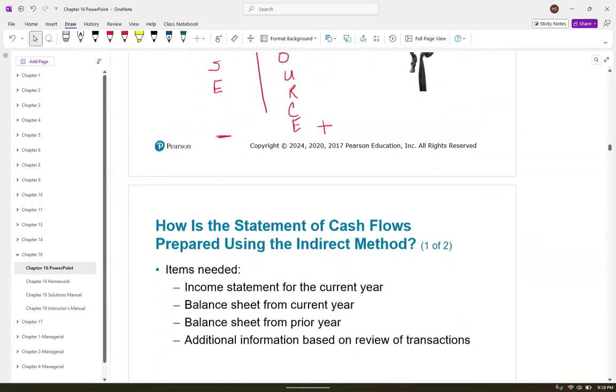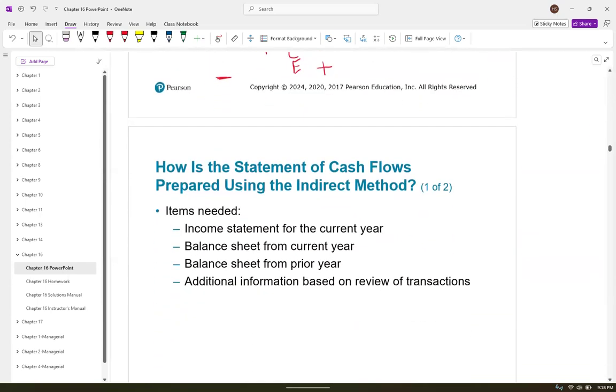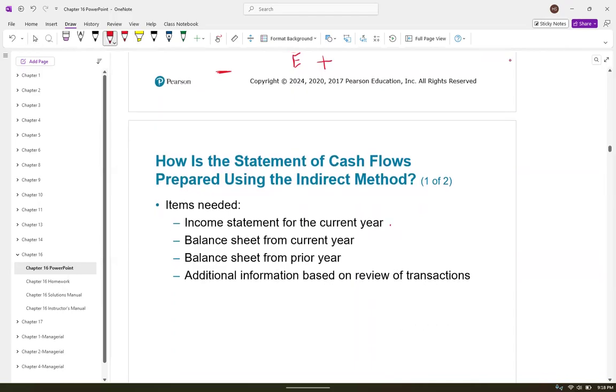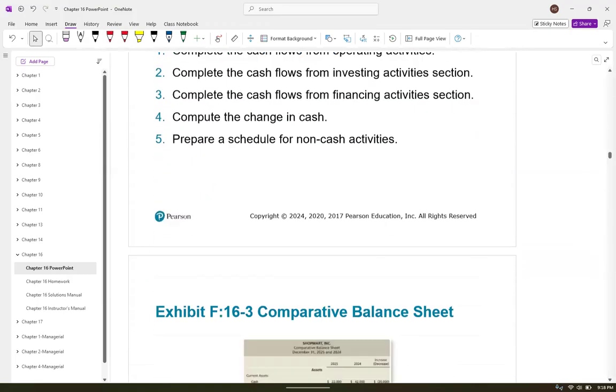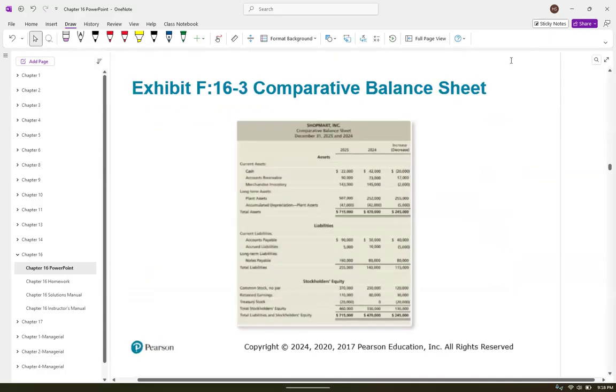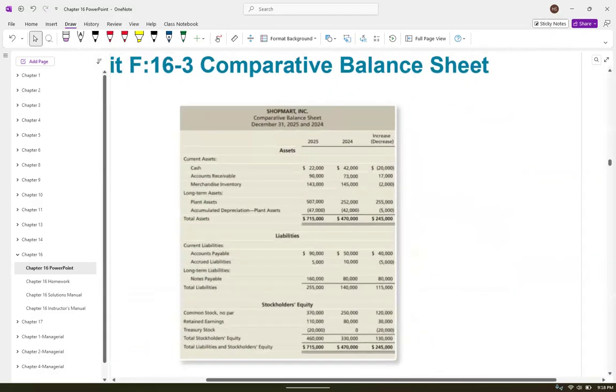Okay. What are the things you're going to need? You are going to need the income statement for the current year, balance sheet from the current year, and the prior year. Should be some additional information based on review of the transactions. Okay. I'm not going to go through that 5 steps. So right here, we have a comparative balance sheet. This is great.